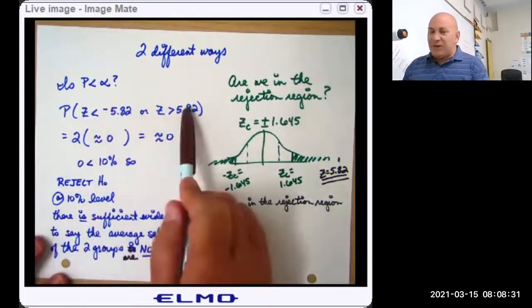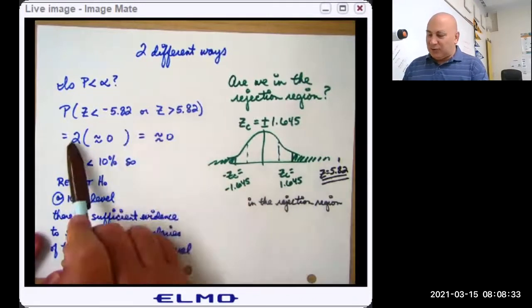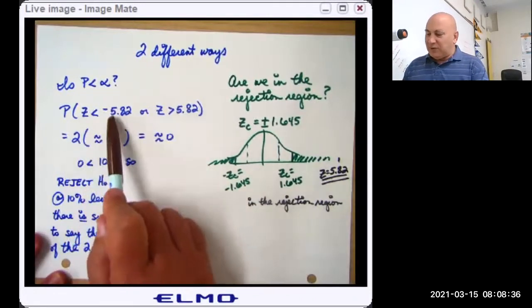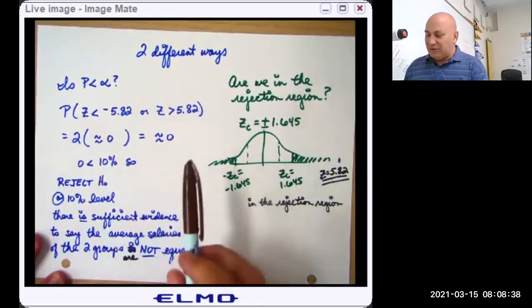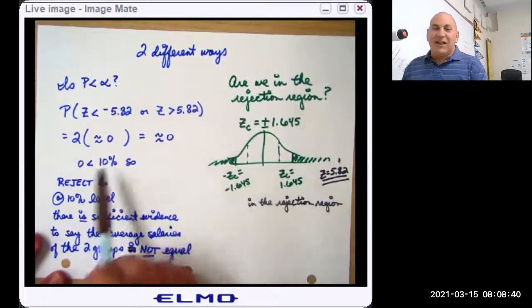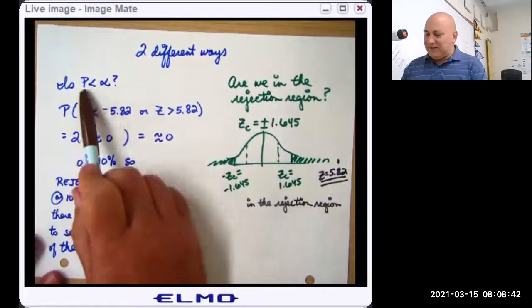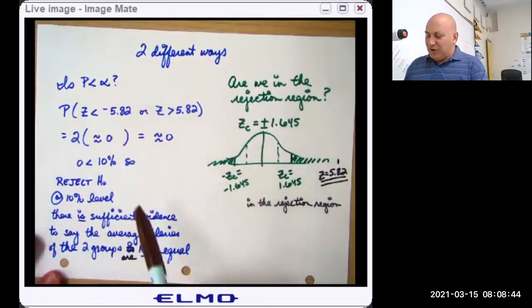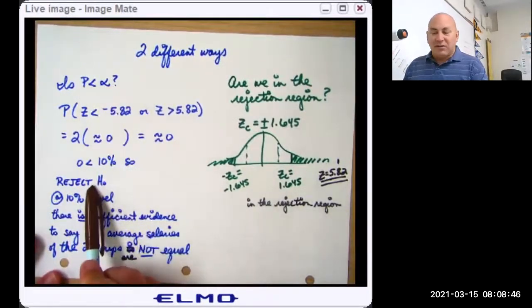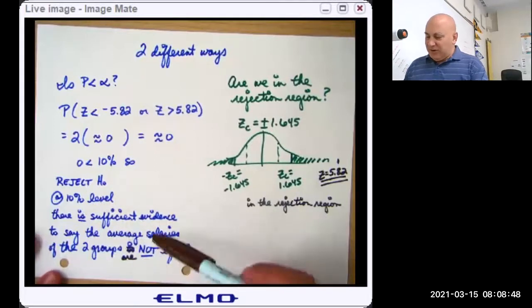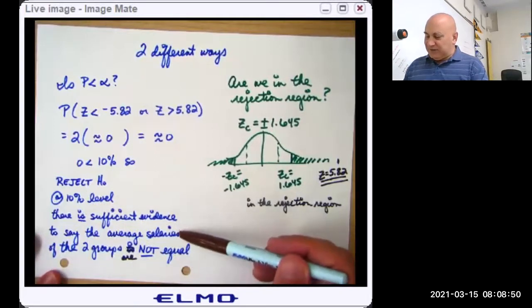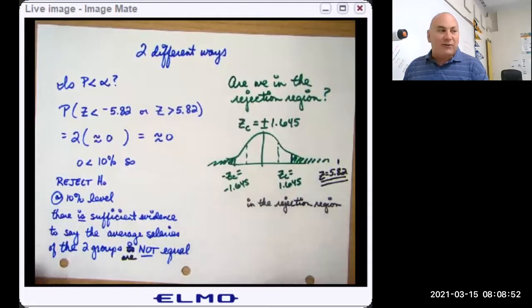Both of these areas are the same area, so I could go 2 times one of them, and either one of those is approximately 0. So 0 is less than 10%, p is less than alpha. So I'm going to reject the null at the 10% level, and there is sufficient evidence to say that the average salaries of the two groups are not equal.